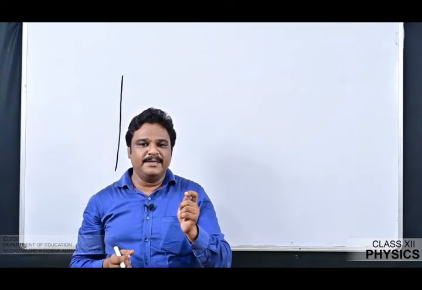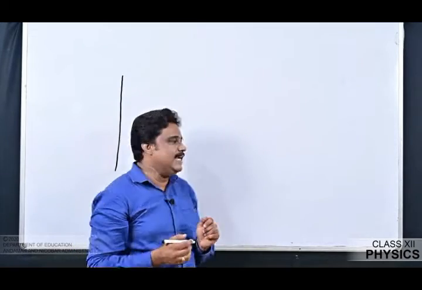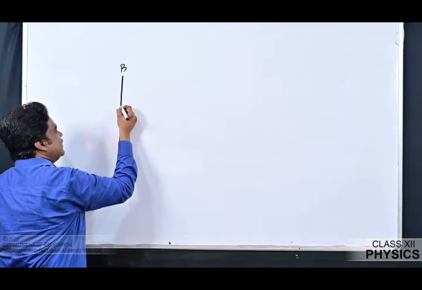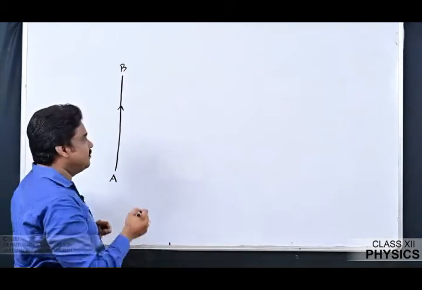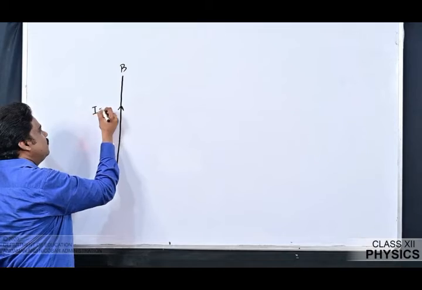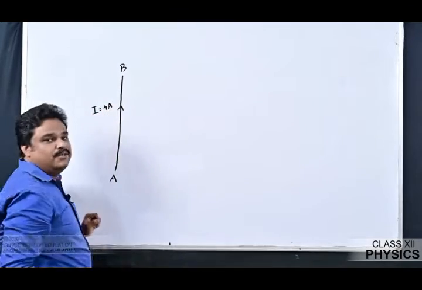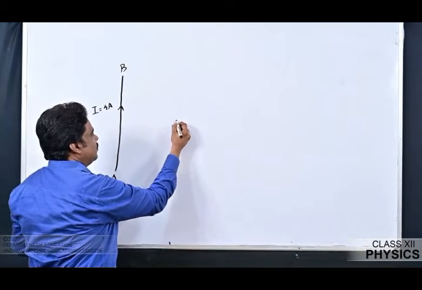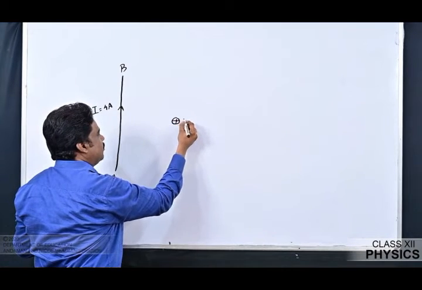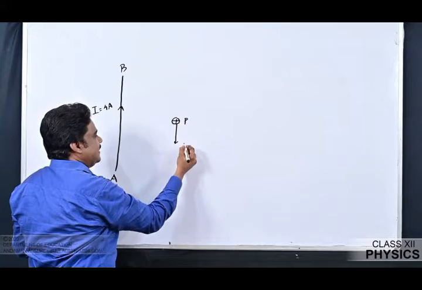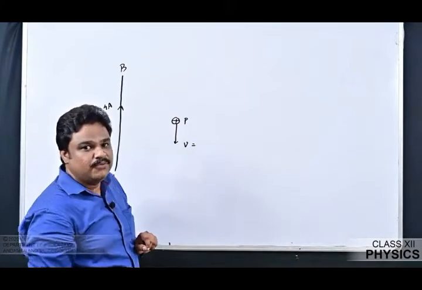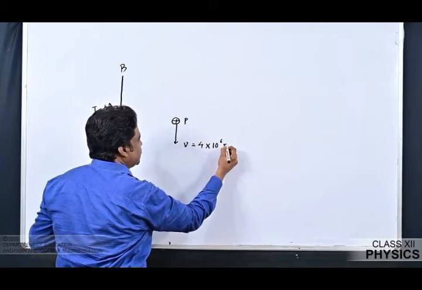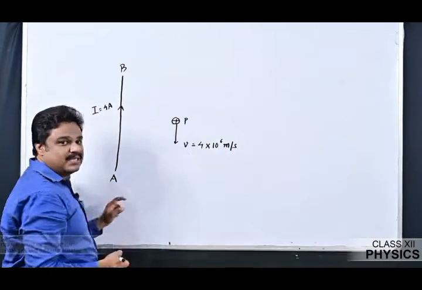So once again I am going to read it back. A long straight wire AB carries a current. What about the magnitude of the current? I is equal to 4 ampere. A proton P, I am going to assume a proton, travels at a speed of V is equal to 4 into 10 power 6 meter per second, parallel to the current carrying wire.